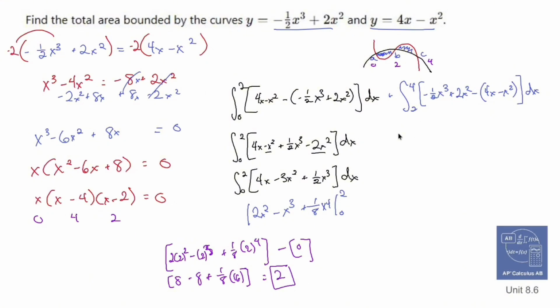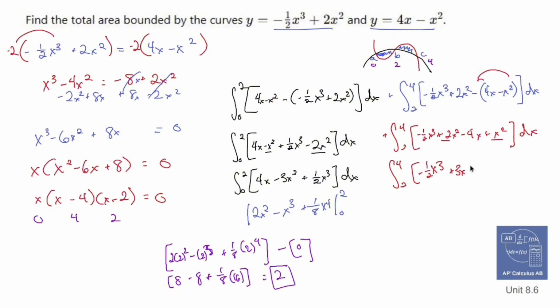Now let's do this guy. A lot of similarities going on. You could distribute that negative, so from 2 to 4 of negative 1/2 x cubed plus 2x squared minus 4x plus x squared dx. These combine to make plus 3x squared minus 4x dx.